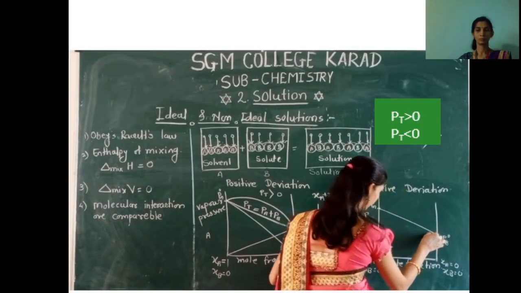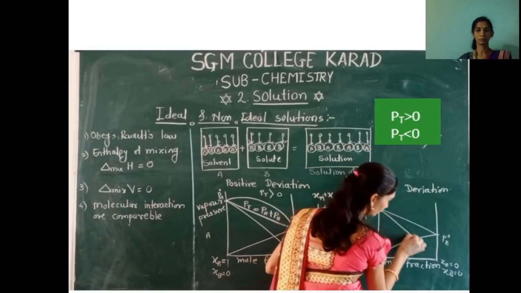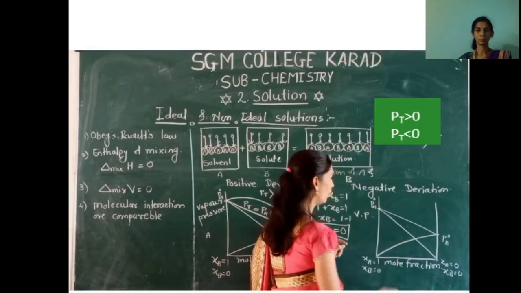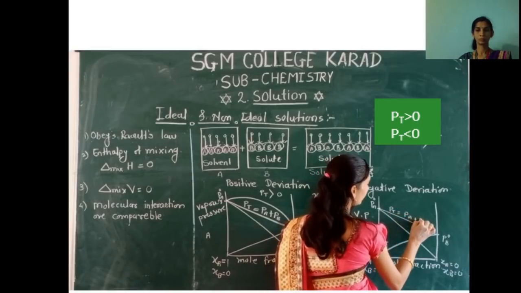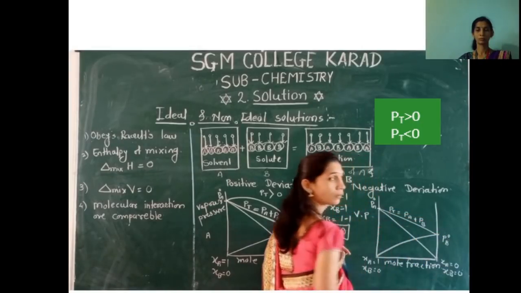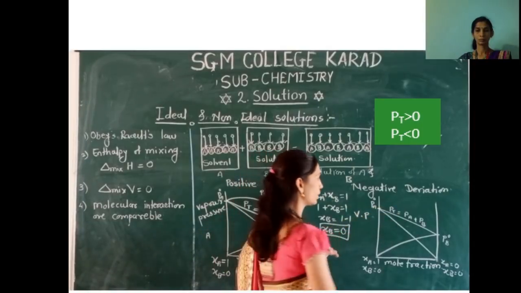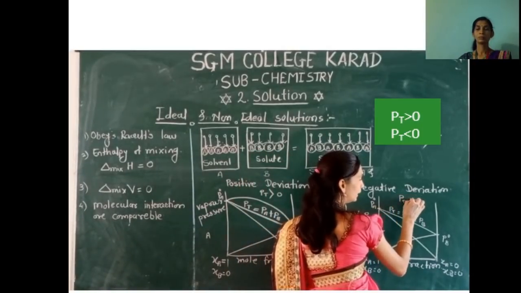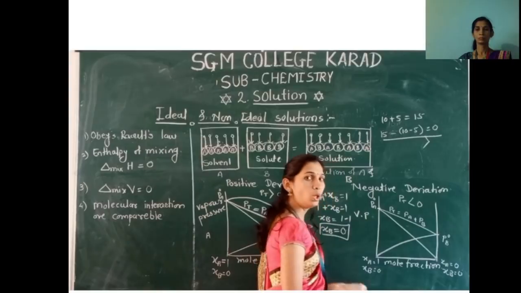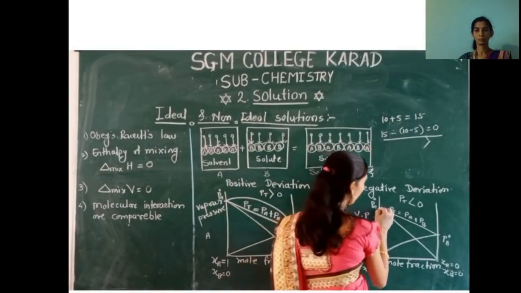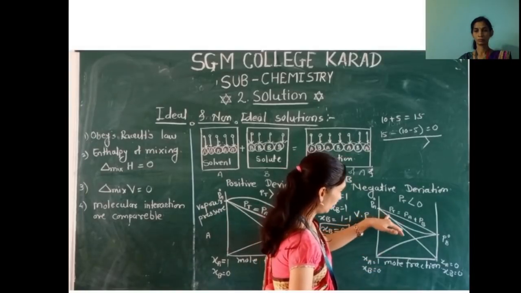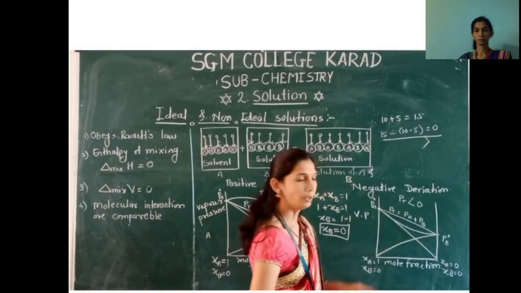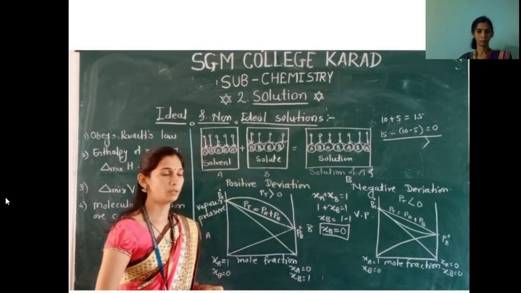Join these all. Now PT is equal to PA plus PB. For negative deviation, the value of PT is less than 0. Therefore, we are getting a negative deviation. The curve you see below, we will call the negative deviation.